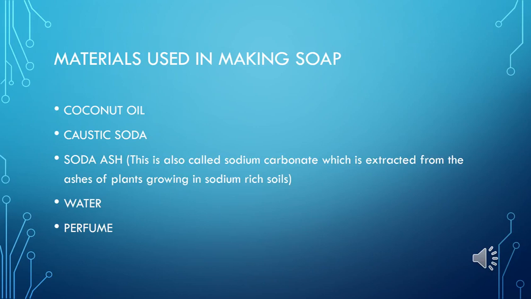Soda ash. This is also called sodium carbonate in science, and it is extracted or gotten from the ashes of plants growing in sodium-rich soil. We all know that the soil contains a lot of minerals such as sodium, potassium, magnesium, and the rest. Then water and perfume.